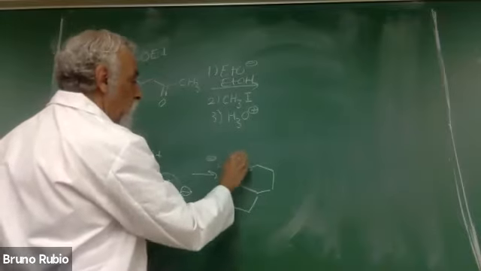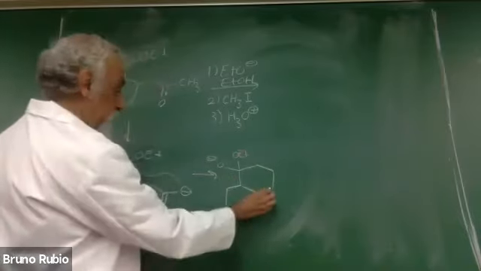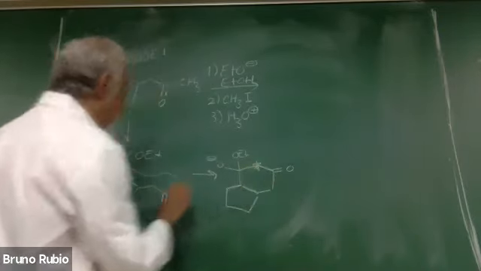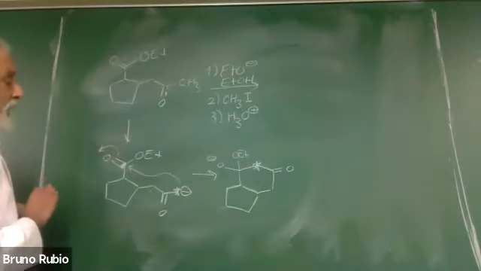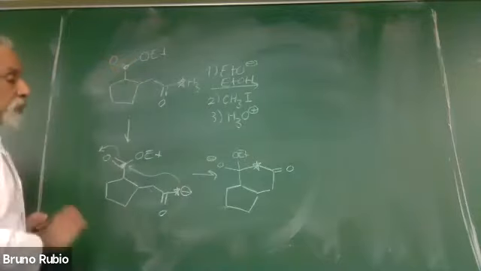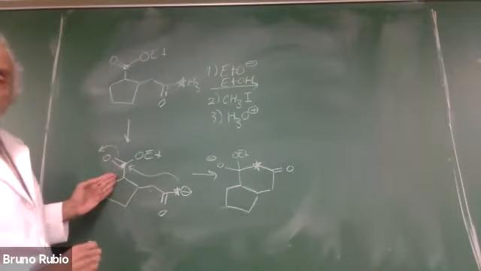This was OEt, CH2, carbonyl. This was my attacking nucleophile. There's my electrophile. Okay, so the enolate attacked the carbonyl.